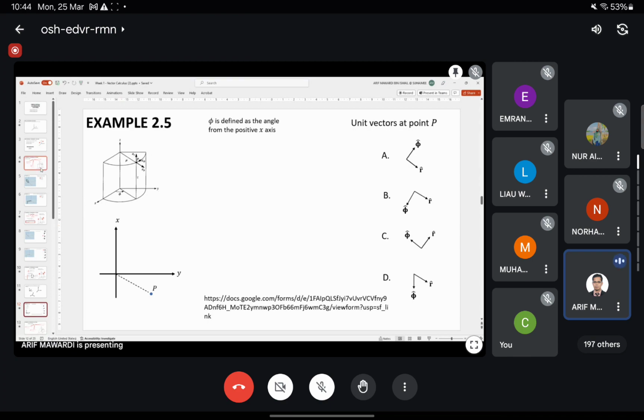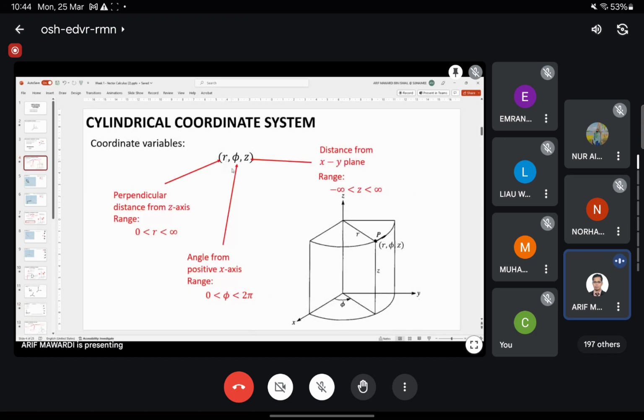The coordinate variables are r, phi, and z. r is defined as the perpendicular distance from the z-axis, phi is defined as the angle from the x-axis, and z is defined as the distance from the xy plane.